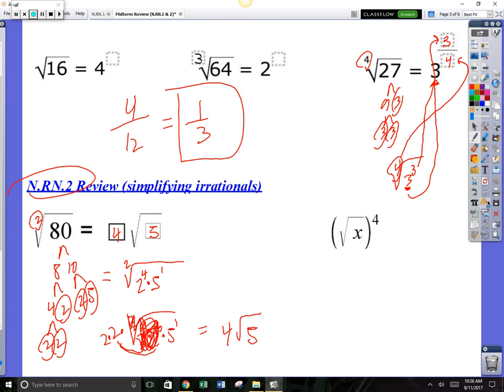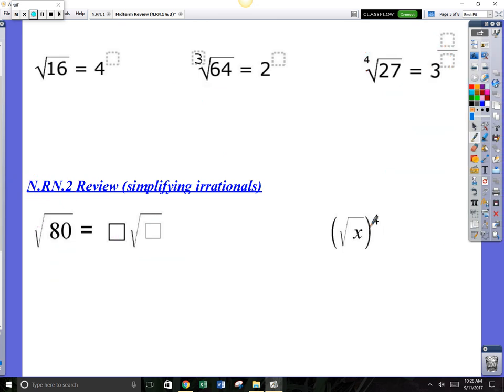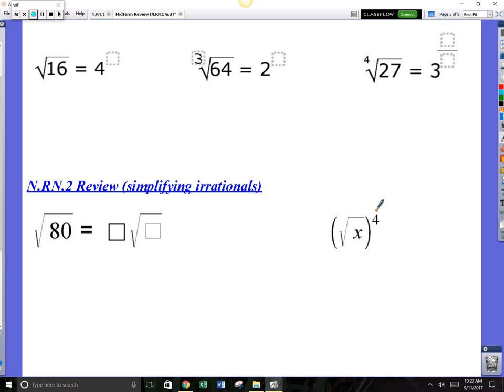Okay, next one. You got square root of x to the 4th. So that means it's positive. So it's repeated multiplication. So I've got a 1 times square root of x times square root of x times square root of x times square root of x. I got 4 of them. So if I string them out, if I expand it, it's just repeated multiplication.